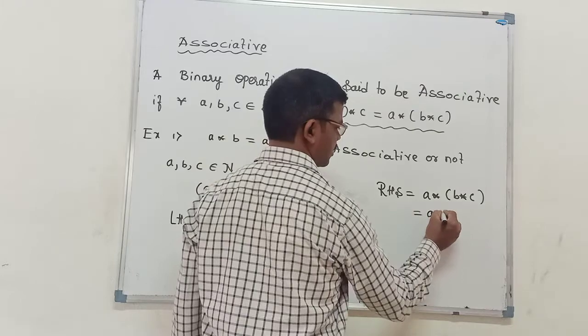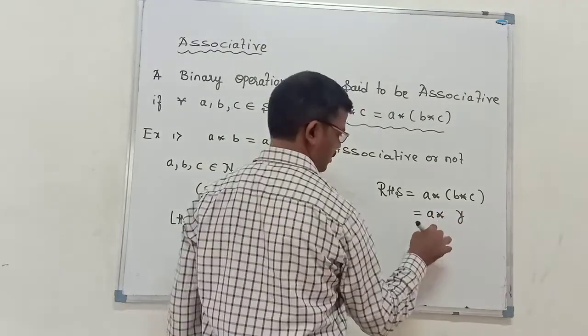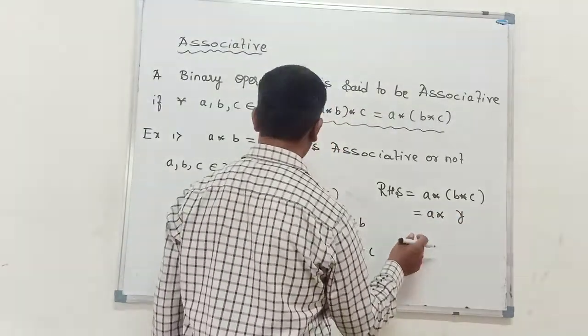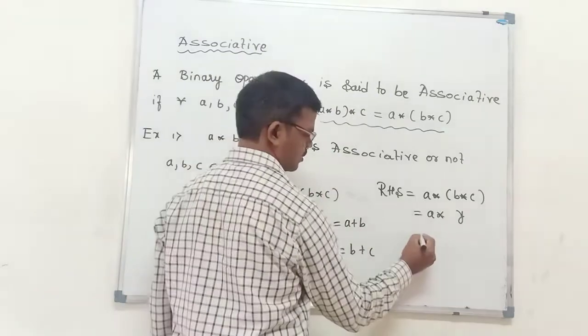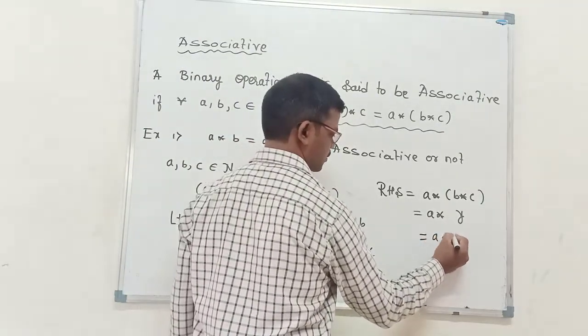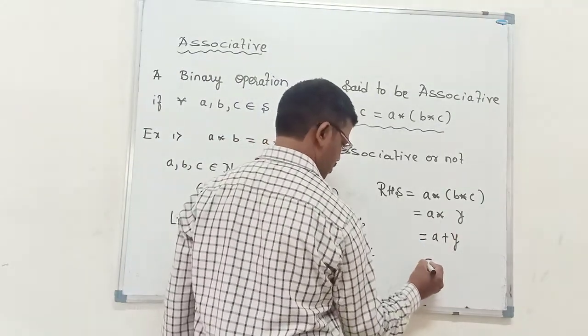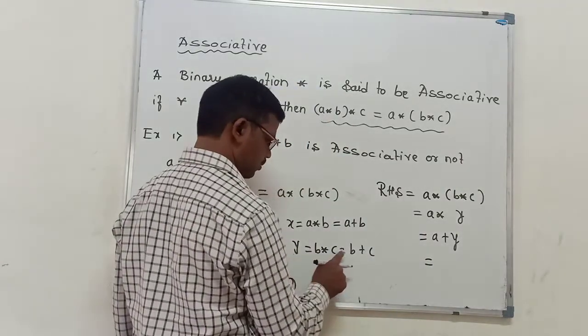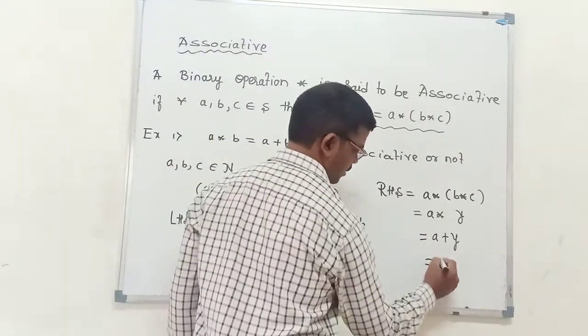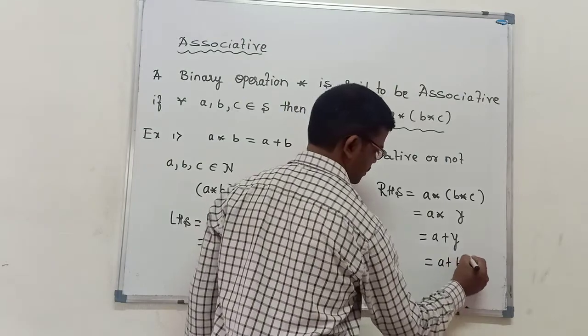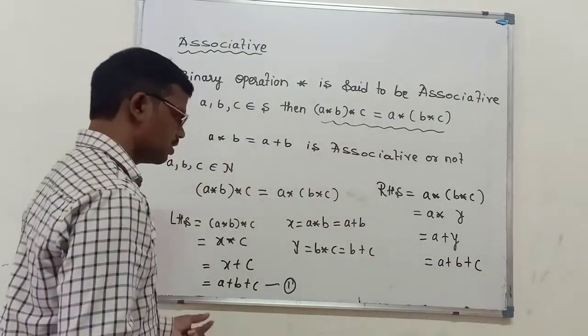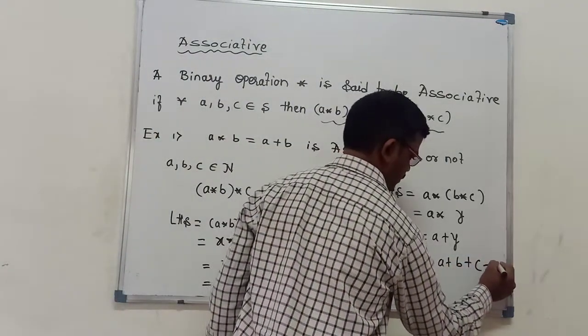So we named the bracket as y, and we get a star y. Again use the definition: a plus y. Substituting y equal to b plus c, we get a plus b plus c. The same result. Name it as 2.